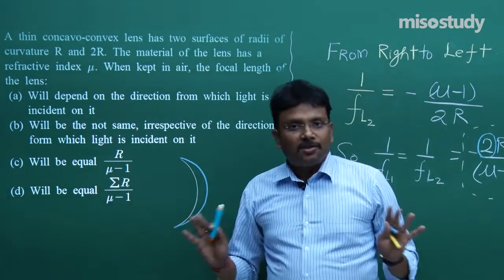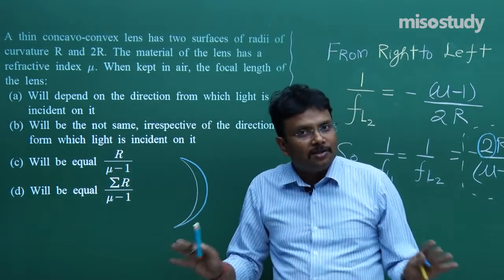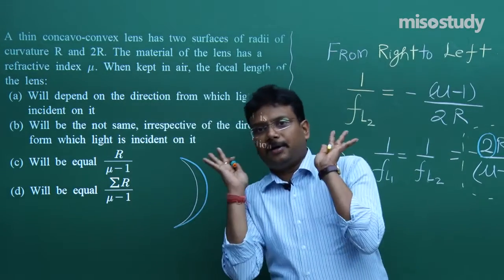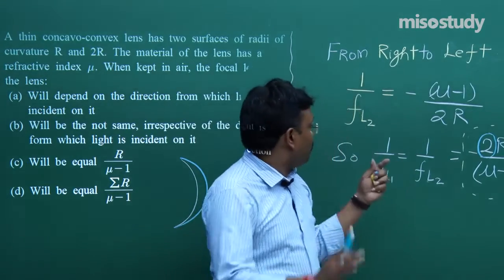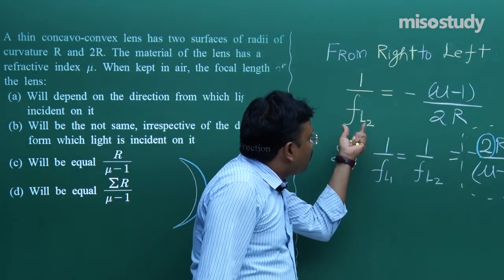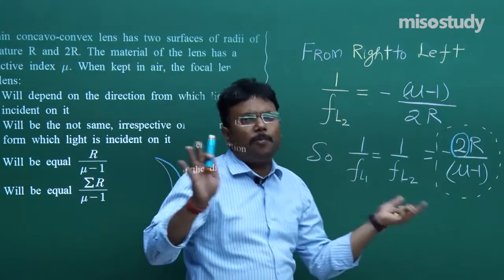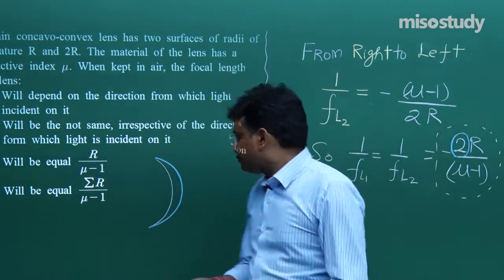Now, the question is not difficult, the formula is not difficult, the approach is slightly different. And if you don't like this term FL2, you can simply write it F1, F2, no problem on that part. Fine.